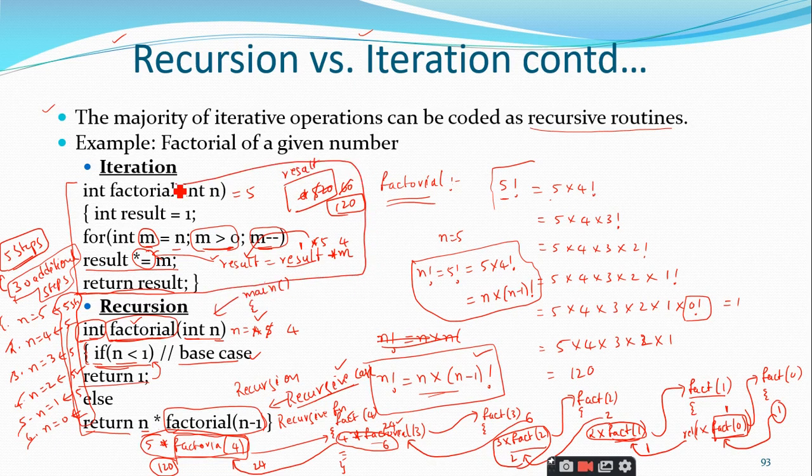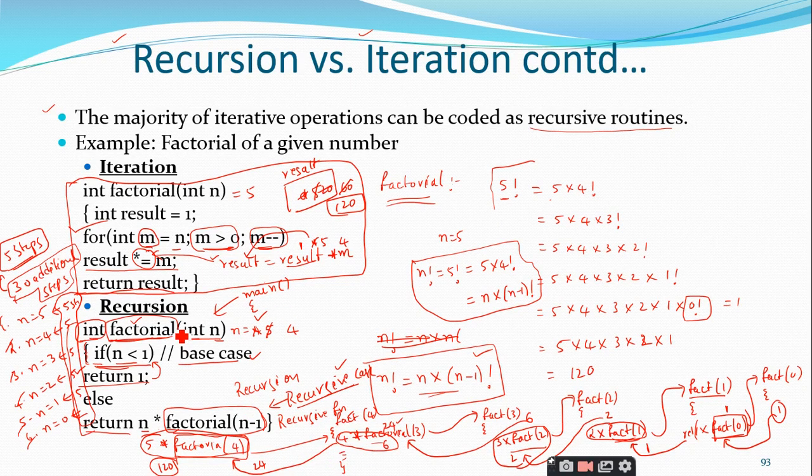Both of them are used to find the factorial of a given number, and both give the same result. But what happened here? The calculation of the factorial of a given number using a simple for loop is very simple, whereas by using recursion all this overhead is involved.